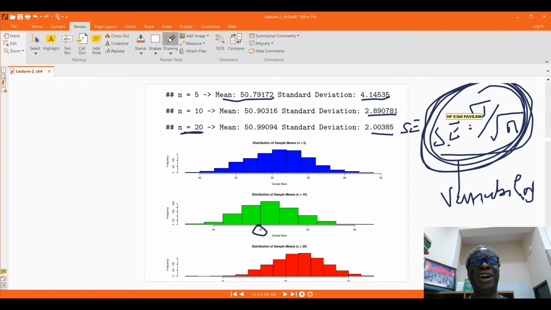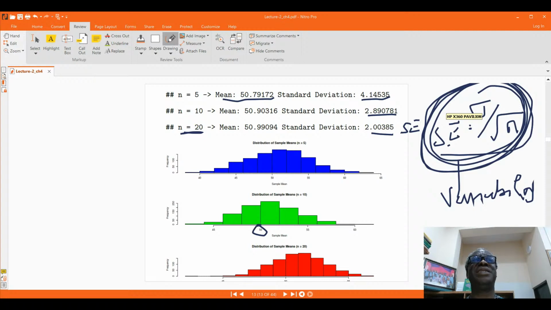You have been taught a normal distribution in descriptive statistics. So it's a bell shape and is symmetrical and so on and so forth. So you can see the shape is normal.